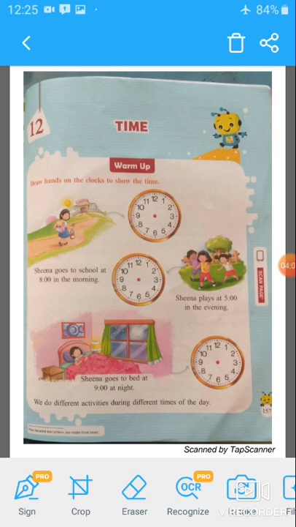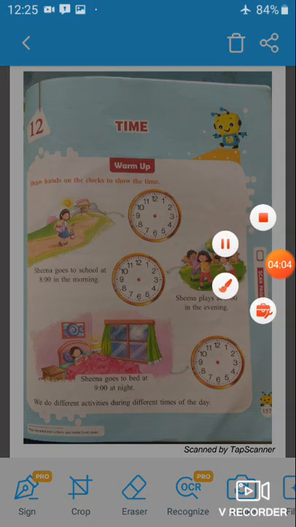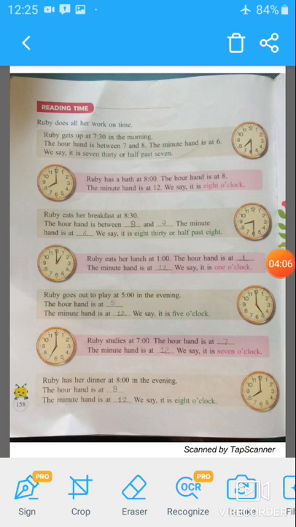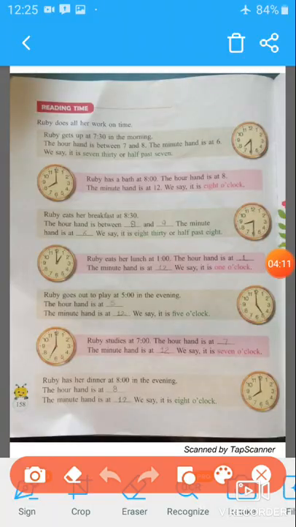So students, we do different activities during different times of the day. Now reading time. Ruby does all her work on time. So students, Ruby is a punctual girl. She does all her work on time.